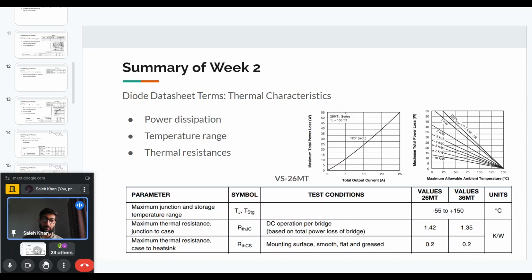Now we can come to the other device that was taught in the lectures, which is a MOSFET. It was mentioned in the lectures that the MOSFET is a bidirectional current device. So it can carry current in both directions, from drain to source as well as from source to drain. It also has an inherent body diode inside the device.